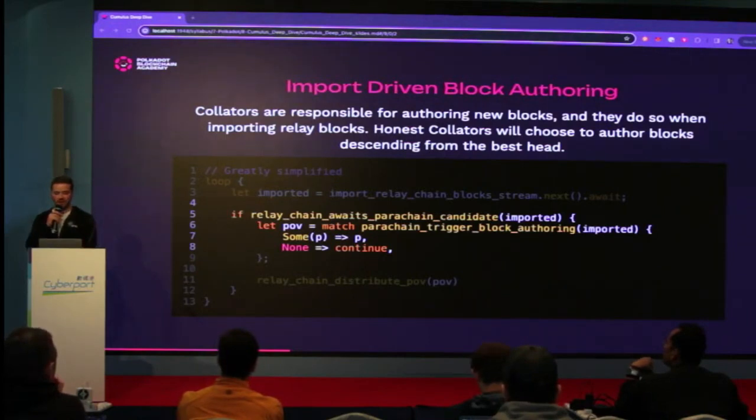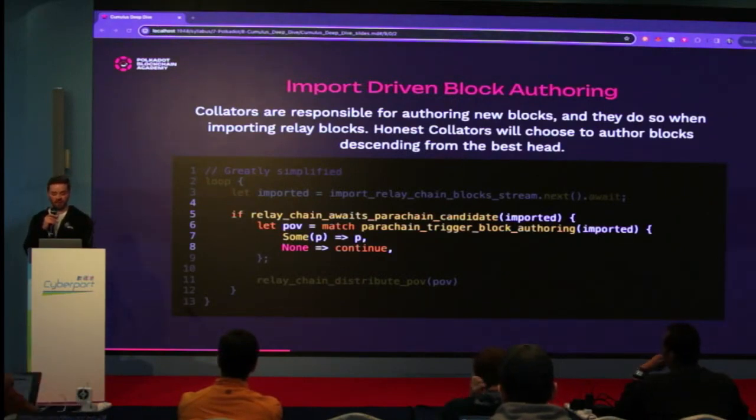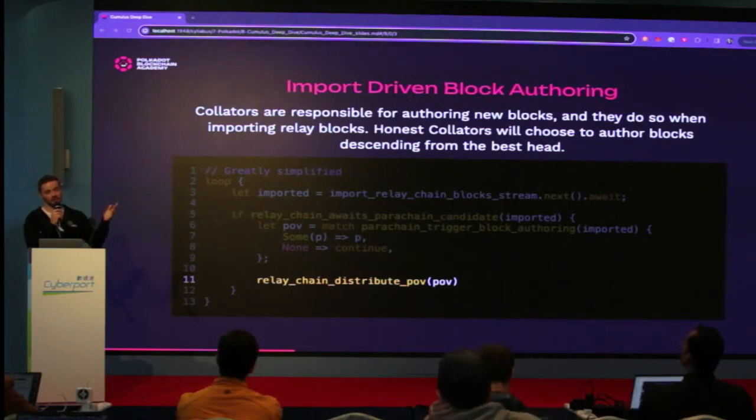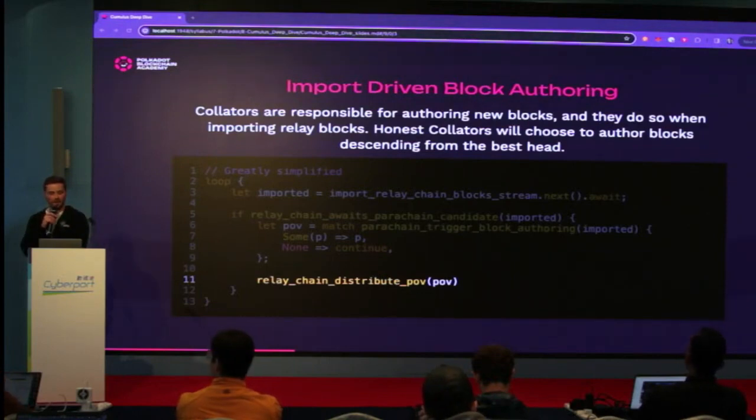So we have our parachain trigger block authoring, and that produces ideally some proof of validity. We take that proof of validity and distribute it in the form of a collation to relay chain validators using the distribution diagram that I showed you before.